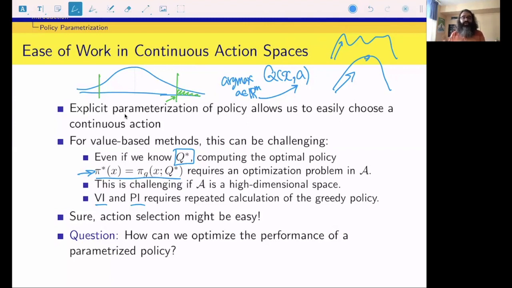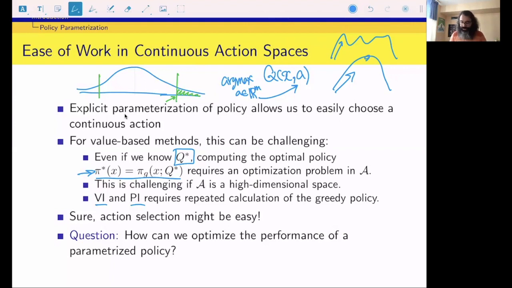Is it easier or more difficult? So the point of this lecture is to talk about a few methods of optimizing a policy's performance when the policy is parameterized in an explicit way. And we see that we can do it. But of course, there would be some caveats.